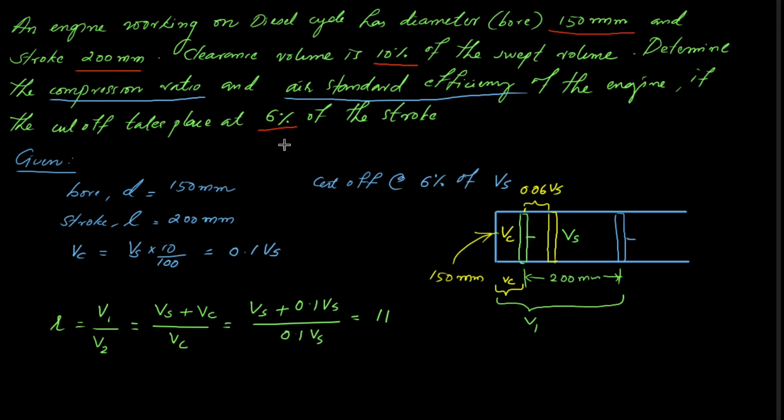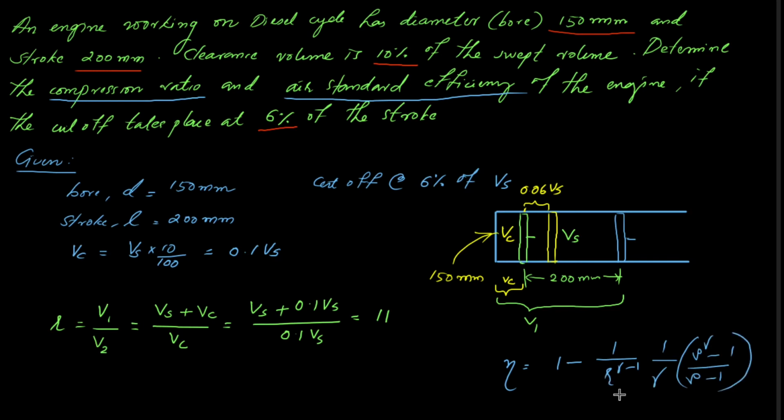Now we have to calculate the air standard efficiency. In order to calculate it, if you recall the expression for efficiency of a diesel cycle, I'll write the expression here. Efficiency of a diesel cycle is 1 minus 1 by R raised to gamma minus 1, times 1 by gamma, times rho raised to gamma minus 1 divided by rho minus 1.